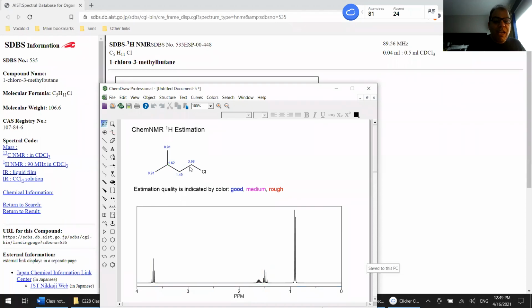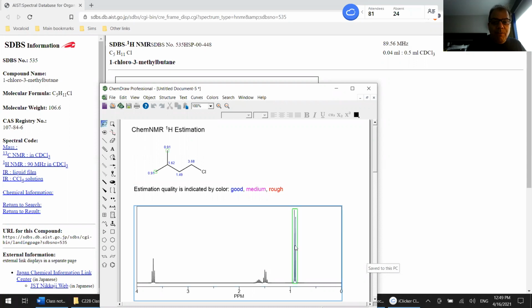So instead of saying 2 plus 1 is 3, 3 plus 1 is 4, we could in principle have this split into a triplet, and then this split each of those triplet lines into a doublet. You could have as many as 6 lines. As it turns out, we can't really see all of them.